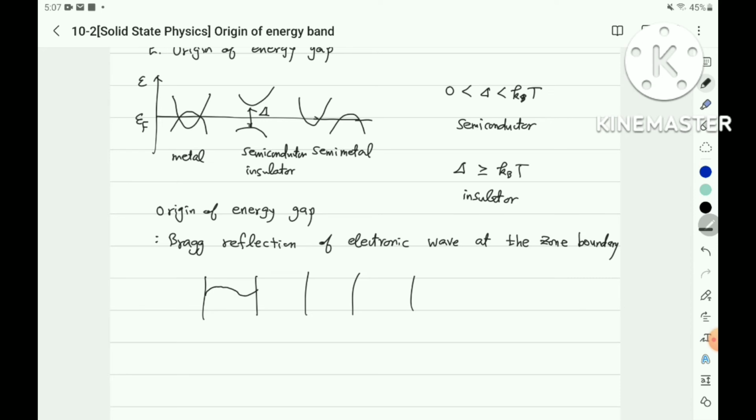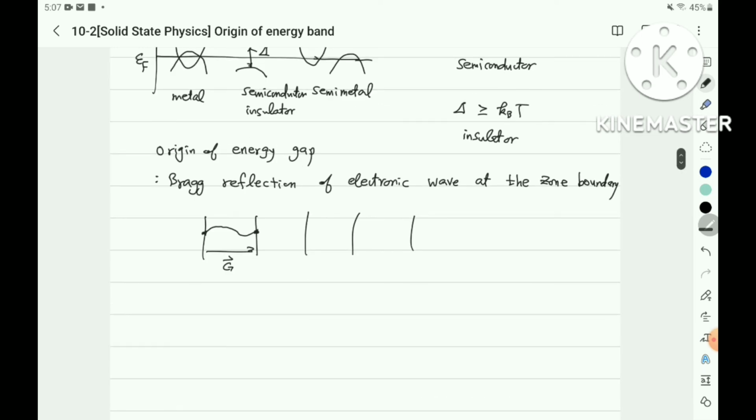Let's assume this is an electronic wave, and this point and this point are identical, because of the reciprocal lattice vector G. It is a unit cell, and the unit cell repeats in real space, and therefore momentum space can be reduced.